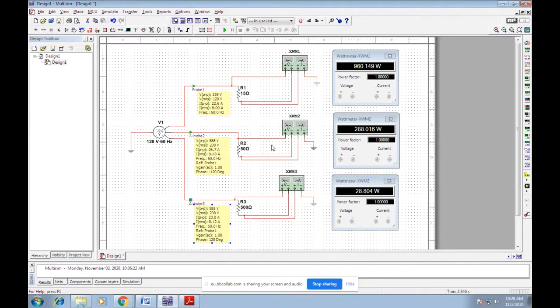Sorry, if you add an inductor for an RL series circuit, the power factor will be reduced. And you have learned in theory how to improve the power factor: simply, if you connect a capacitor in parallel, your power factor will be improved.